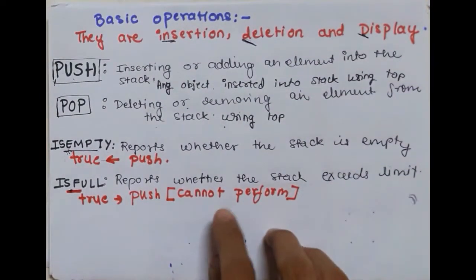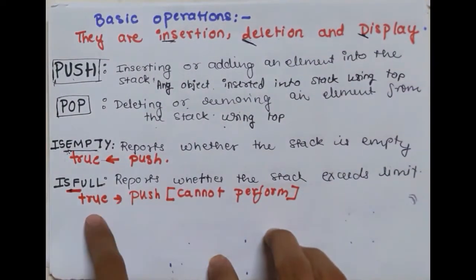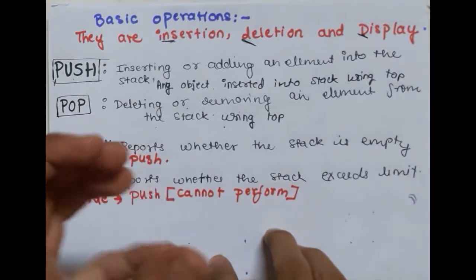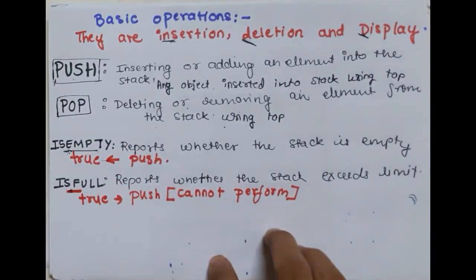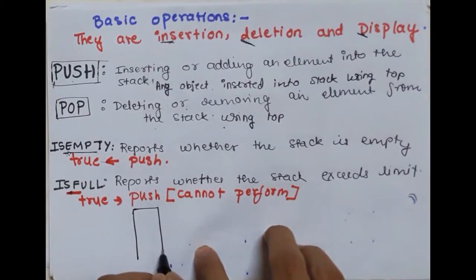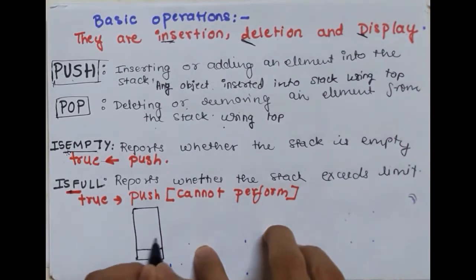We cannot perform push into the stack if this condition is true, right? Because if the stack is already full, how can we insert an element into the stack? See, consider this stack. There are elements in this.